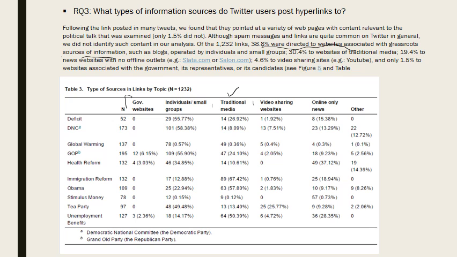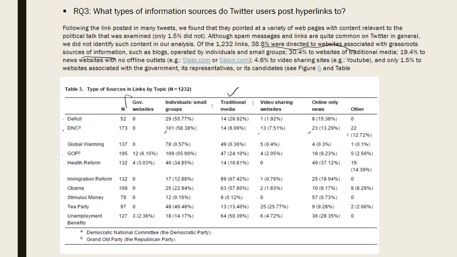And here, based on what the tweet was about: the deficit, the DNC, global warming, GOP, health reform? So an example, the DNC: when there's a tweet about the DNC, it tends to be linked to websites about individuals or small groups, okay? Or it gets linked to traditional media sources or video websites or online or something else, okay?